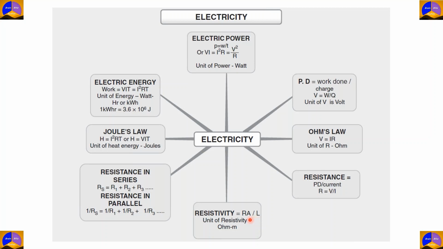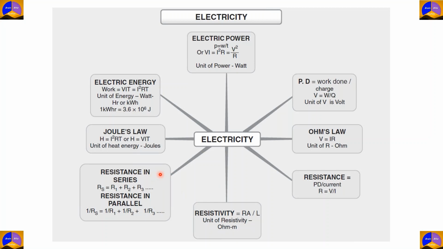Now, resistivity or specific resistance, which, as we said, is different for every material used, can be described as resistance into area of cross-section divided by length. The unit of resistivity is ohm meters.